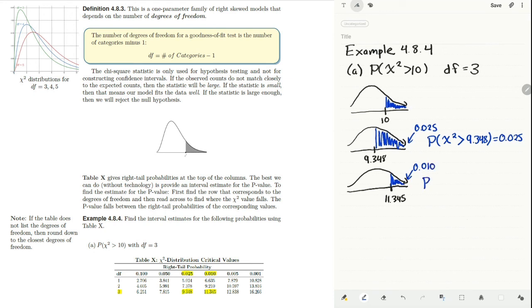So mathematically, we're given that the area to the right of 11.345 is 0.010. So if we know that the area to the right of 11.345 is 0.01, and the area to the right of 9.348 is 0.025, then how much area to the right of 10 will it have?